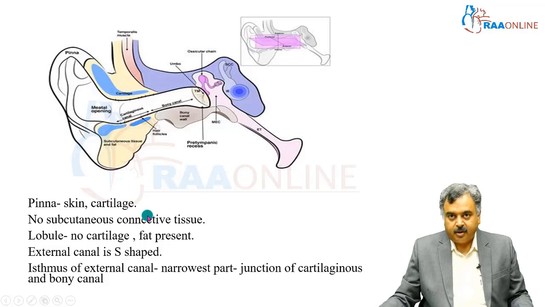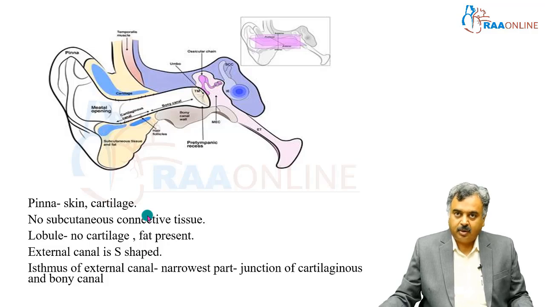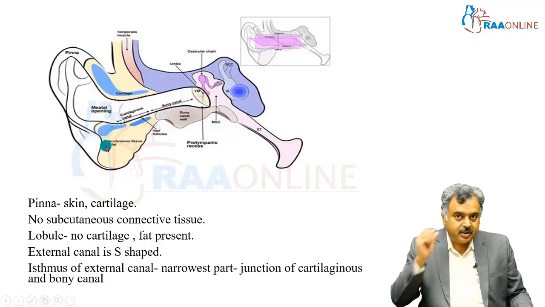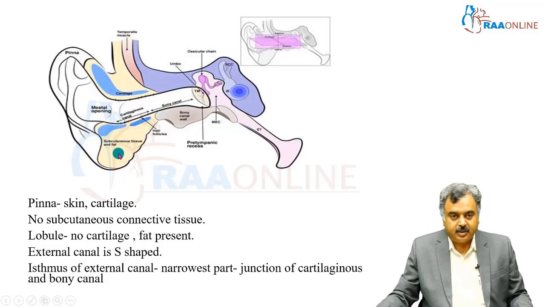The pinna or the auricle consists of skin and cartilage with no subcutaneous connective tissue. Why is this important? We will see later when we talk about diseases of the pinna. The lobule is entirely made of fat. There is no cartilage present.